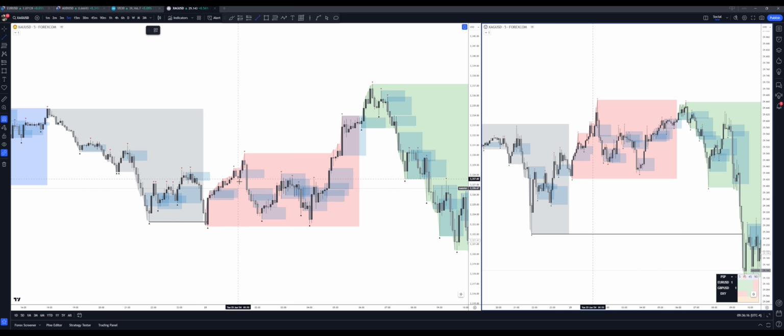This one's closed above. This one is closed above. That one is below. This one is below. This one is below. That one is above. This one's inside, so this one's inside.